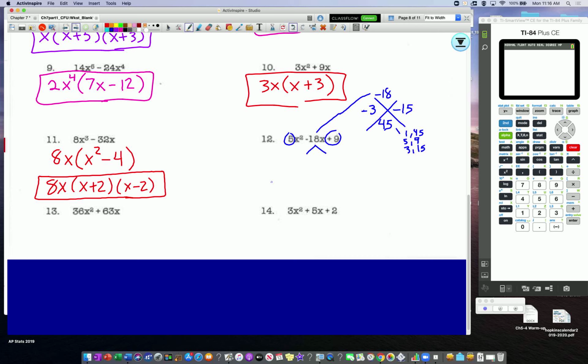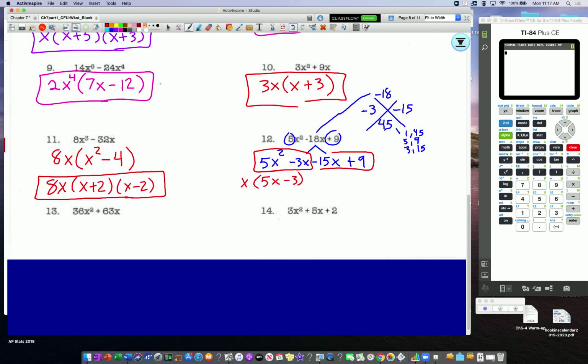If I break this up, it's like saying minus 3x and minus 15x is another way of saying negative 18x. I have 5x squared in the front, and I have 9 at the end. So now let's factor this by grouping. 5x squared minus 3x, they only share x, so I'm left with x times 5x minus 3.